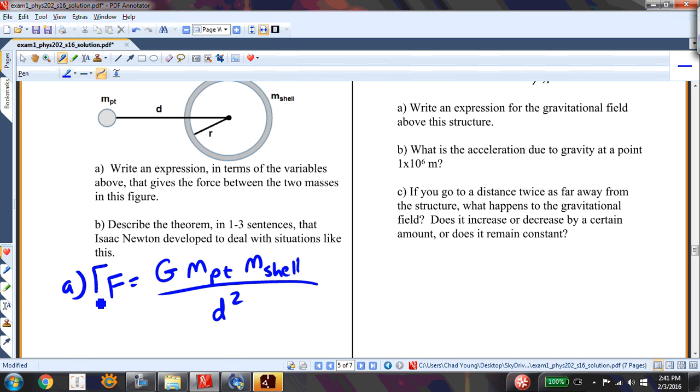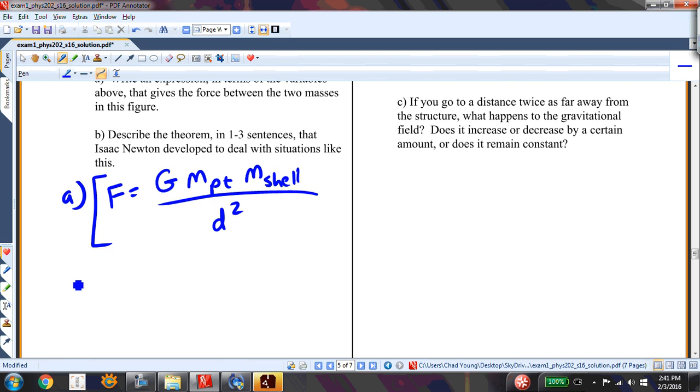All right, this is just the universal law of gravitation, but you need to realize that that shell is considered to be a point mass by the shell theorem, which was part B. You're supposed to describe in one to three sentences the shell theorem, which Isaac Newton proved back in the 17th century.